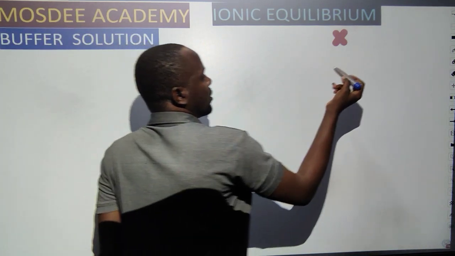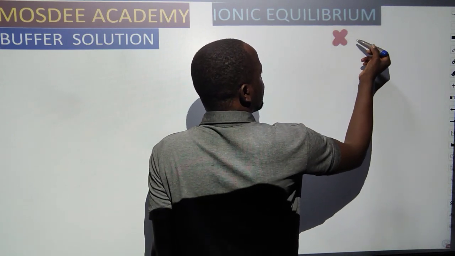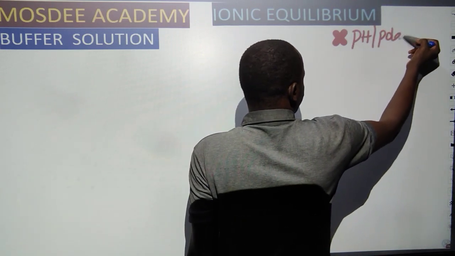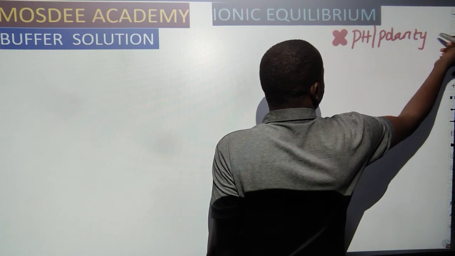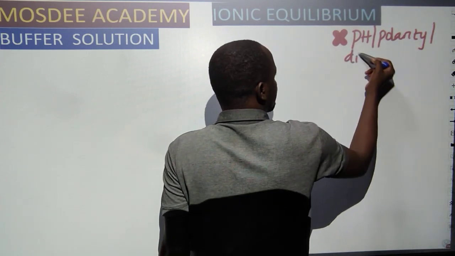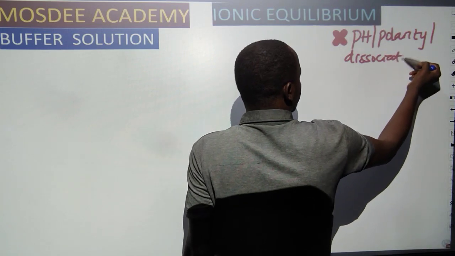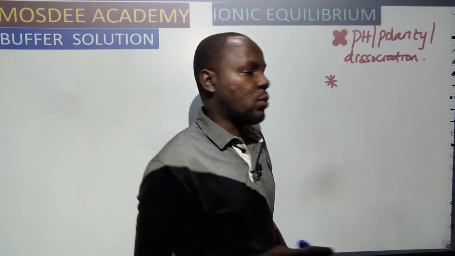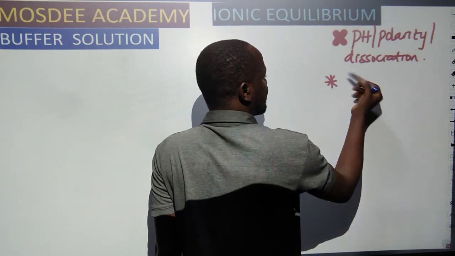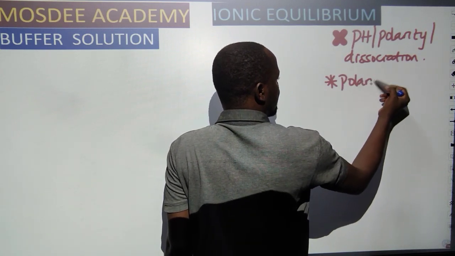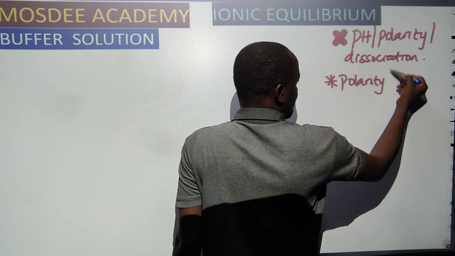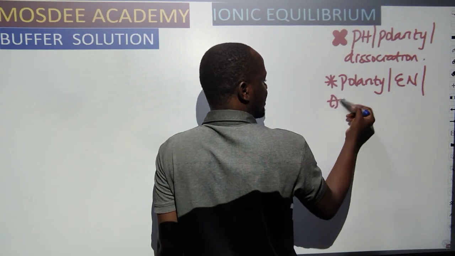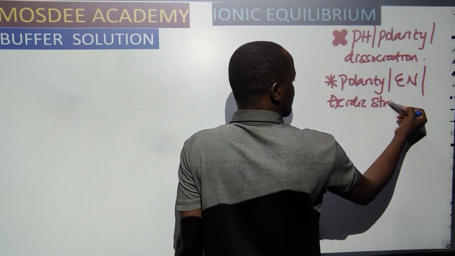I talk about factors. I said the acidic strength is affected by polarity and the dissociation, which I was able to explain. The other one you missed because of the network interruption was when there's an increase in polarity, there will also be an increase in electronegativity, and then the acidic strength will also increase.